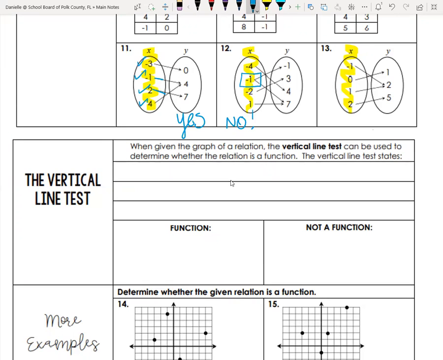So the vertical line test, we take a vertical line and we pass it through our graph.